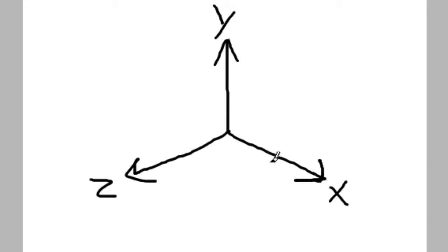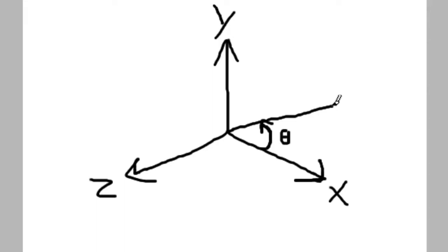First, we pick a polar angle. This goes from the x-axis being the 0th degree, and we might rotate like this, some angle theta.